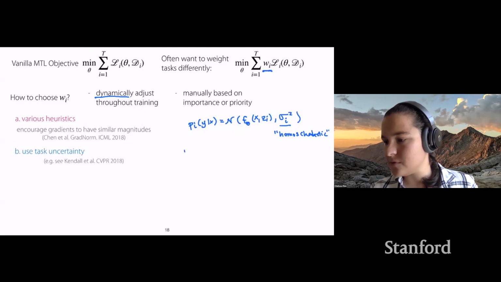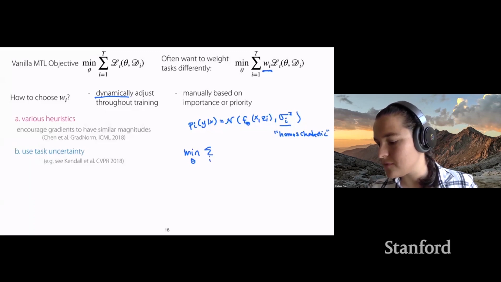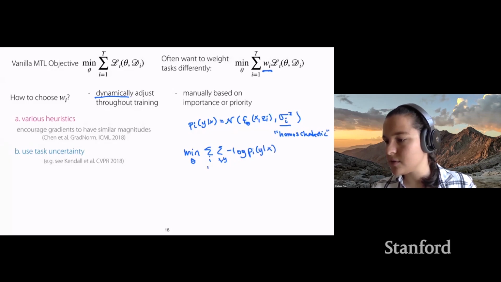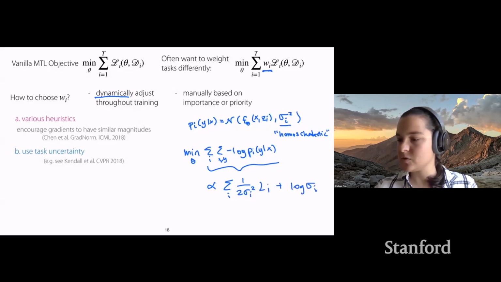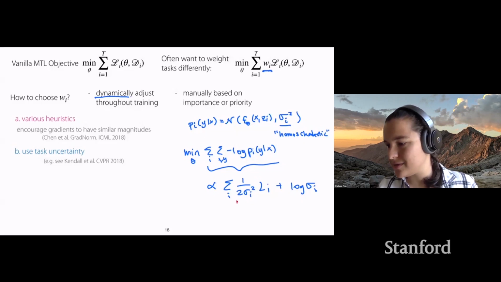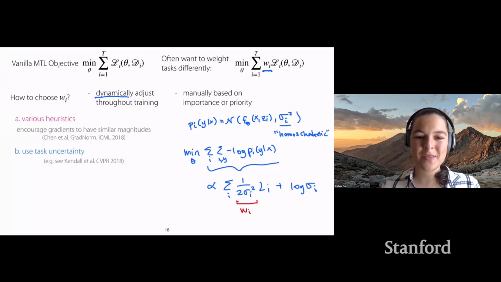And it turns out if you essentially minimize the negative log likelihood of each of your data points for each of the tasks, you can show that this objective is proportional to a sum over 1 over 2 sigma squared times L_i plus log of sigma_i. So this corresponds exactly to w_i.